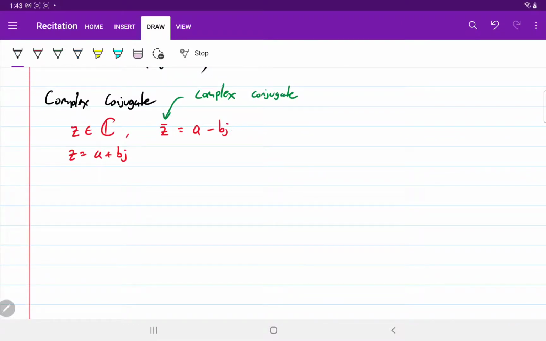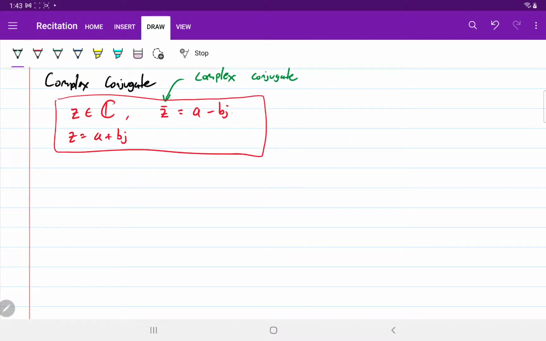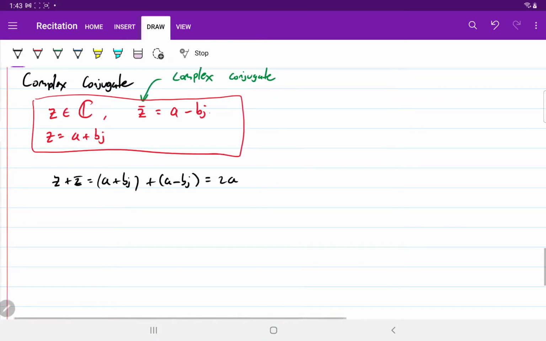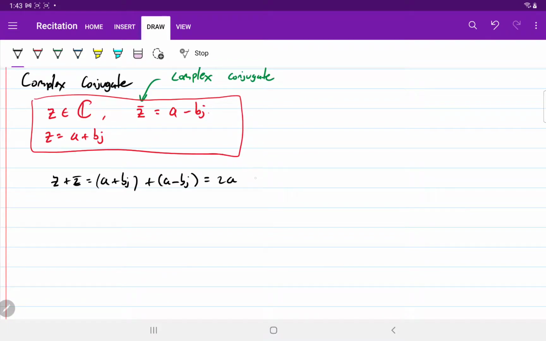Okay, so from this we obtain two properties. What is z plus z bar? Then we have a plus bj plus a minus bj, and here we can recover the real part of z. So a is 1/2 times z plus z bar, which is the real part.